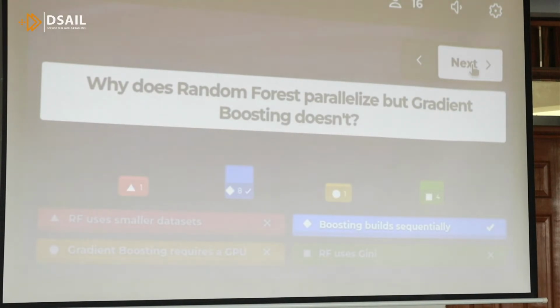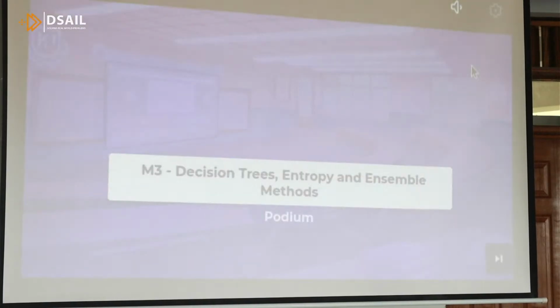So random forests can parallelize because you can subsample root P features at the same time and train different trees at the same time. Boosting, you always have to get the residuals of one to train the next. Residuals of one to get the next. So it's always sequential. And I think we are done.